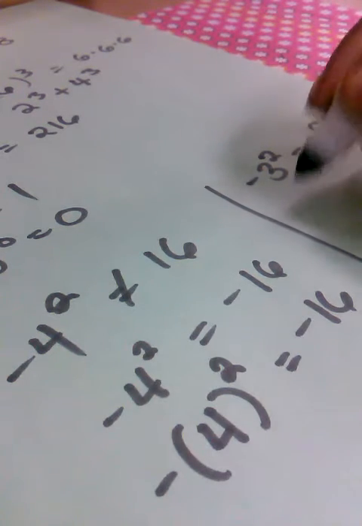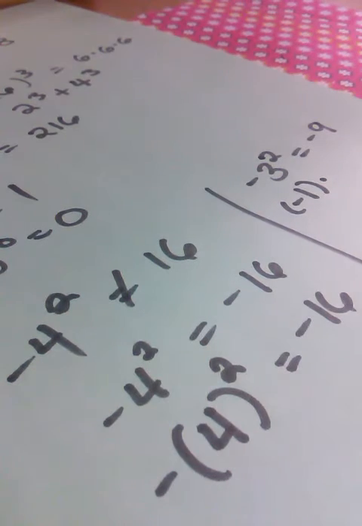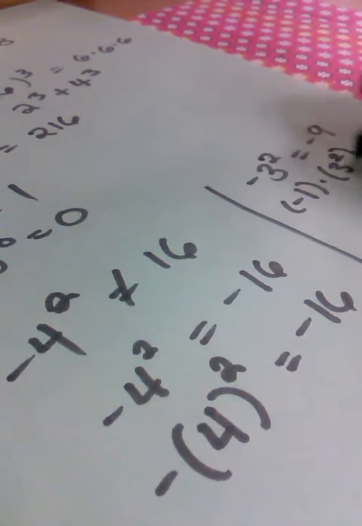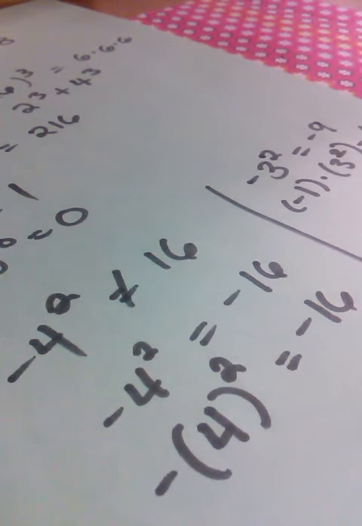And then I tell them that you can say that negative 1 times 3 squared is going to give you negative 1 times 9.